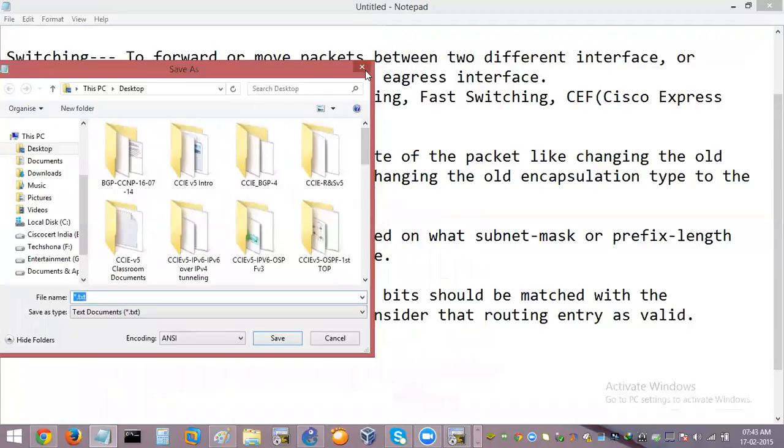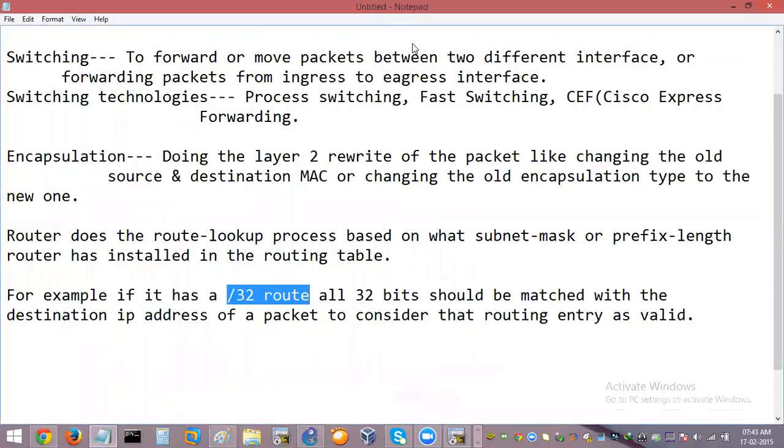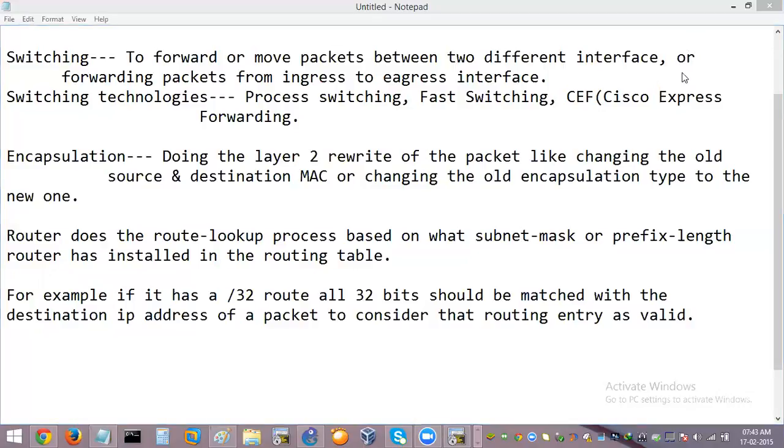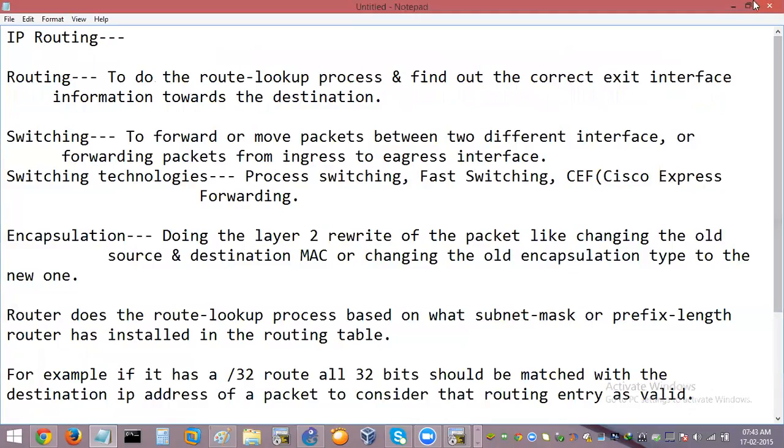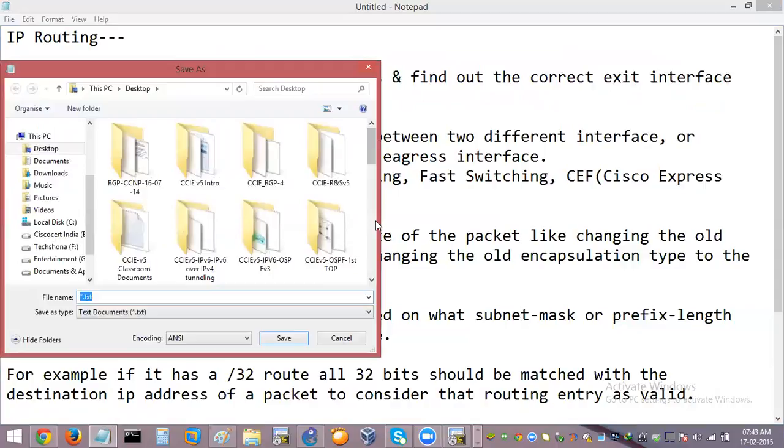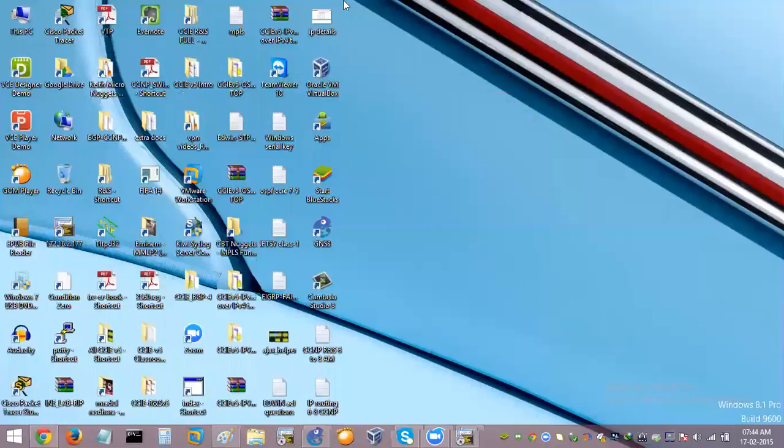What happened? Notepad. Do you want to copy paste? Are you making notes on your laptop? Yeah, so I'll do that. I'll just close it and save it, and I'll send it to everyone on mail. Yeah, perfect. Thank you.